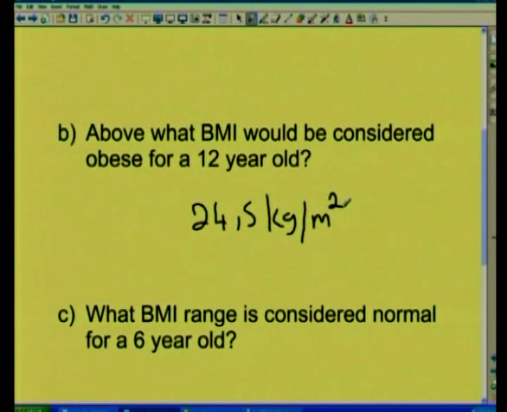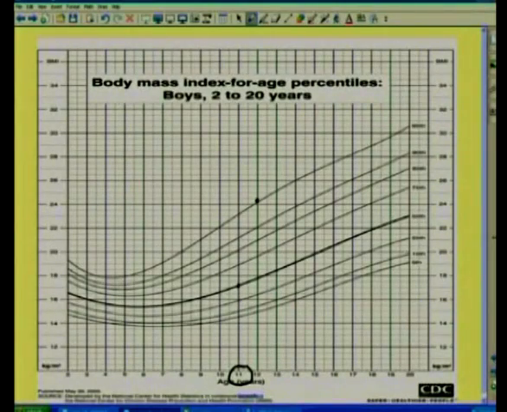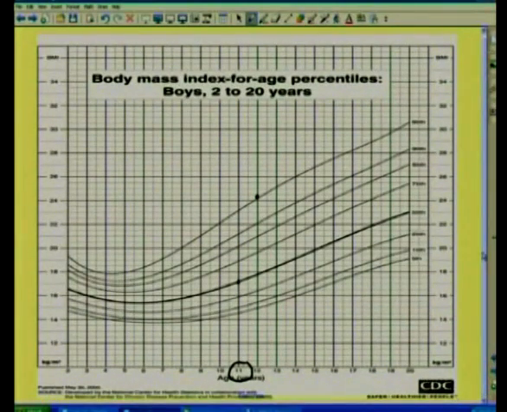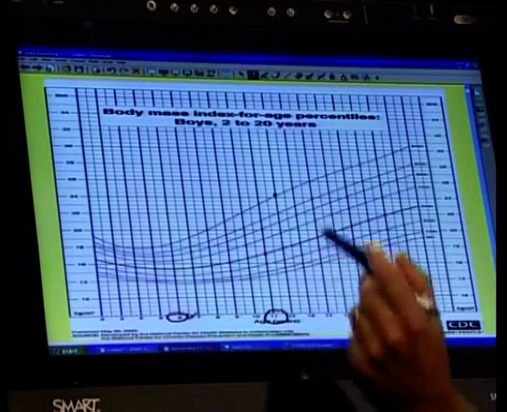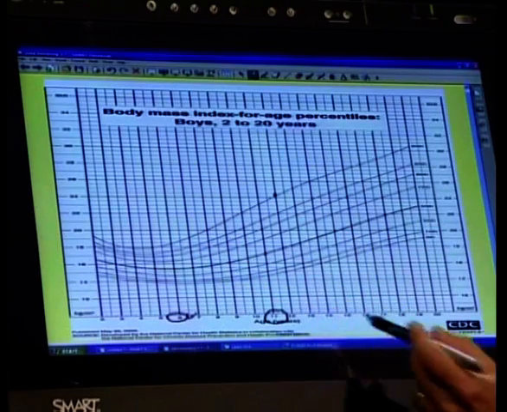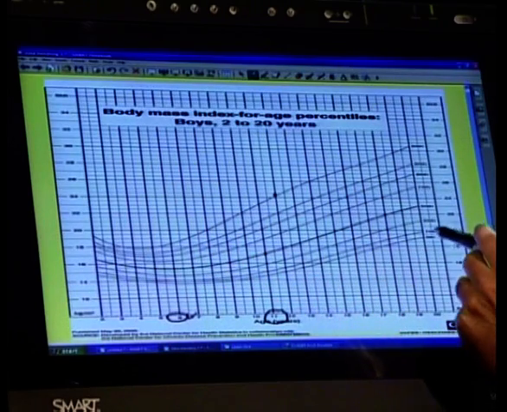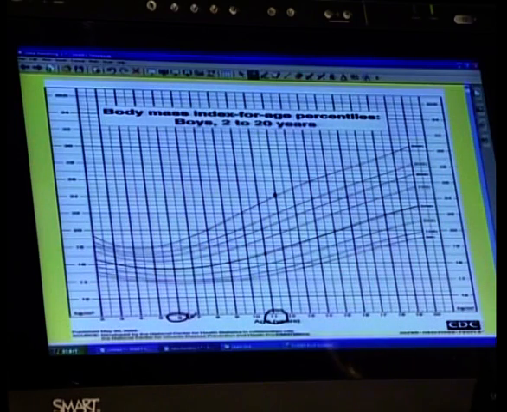Question C says, what BMI range is considered normal for a 6-year-old? Remember, the word is asking range here. That means we're going to have to give two values. Again, going back to our chart, we're now looking at a 6-year-old. That's over here. The range of normality will fall in this case between the 5th and the 95th percentile.